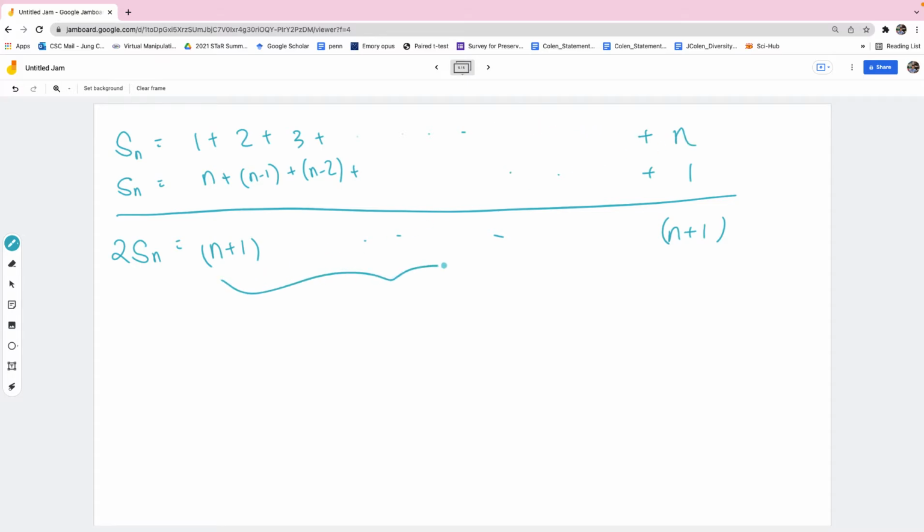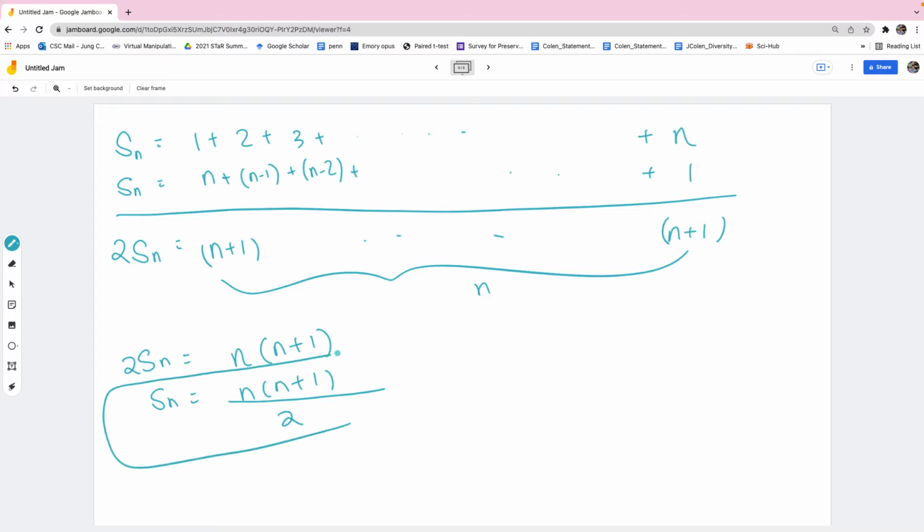So there are n of them, right? Then I can rewrite this as n times n plus 1 is 2 times the sum. So the sum should be, we can divide both by 2, right? So n times n plus 1 divided by 2. So you can come up to the rule, okay?